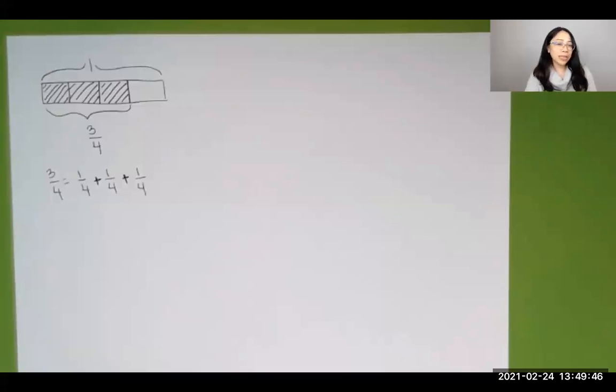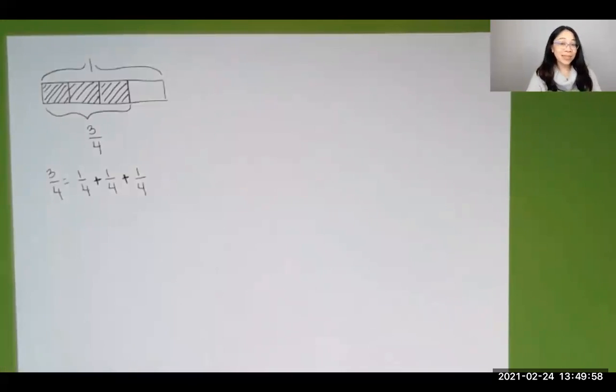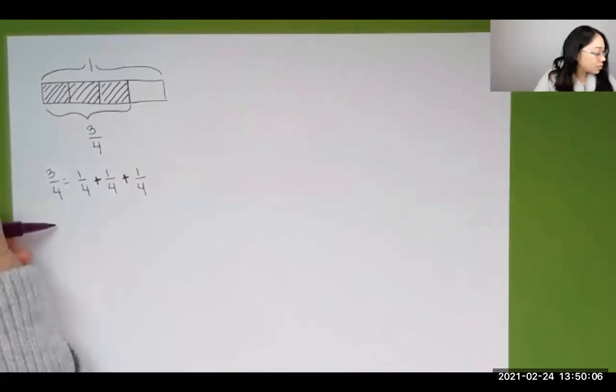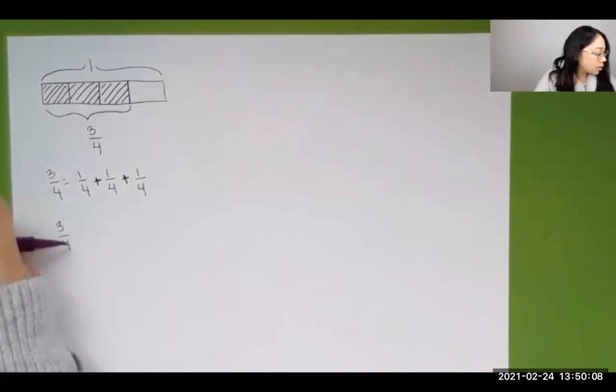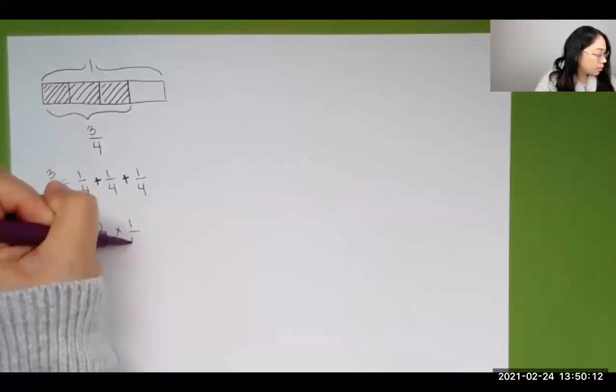How might we express this using multiplication? Well, we have 3/4. That's 1/4 plus 1/4 plus 1/4. That's 3 groups of 1/4. So we can multiply. We can write 3/4 equals 3 times 1/4.